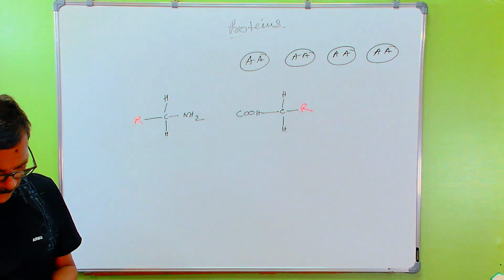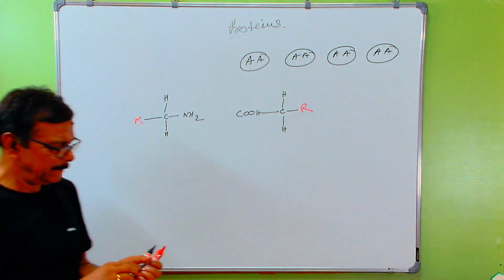These are two amino acids. How do they join with one another?